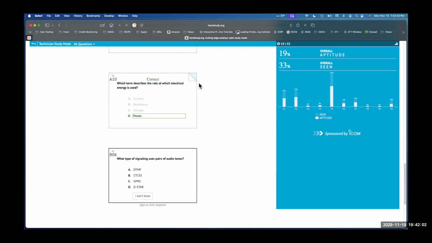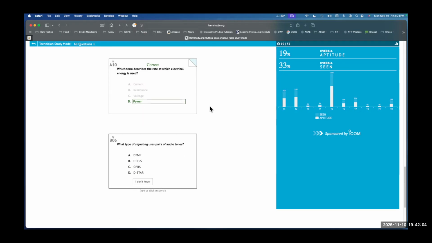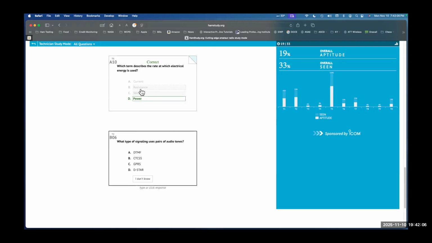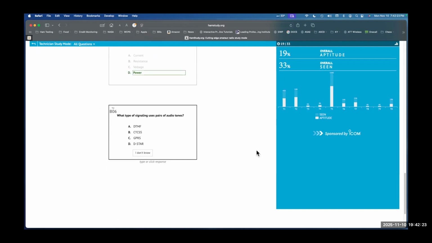You can always scroll back down, like maybe you didn't know this one and you wanted to skip it and come back to it. You'll be able to do that. Also, up in the upper left-hand corner of the test screen, it will tell you T5A10 you didn't answer, if that was one of the questions.